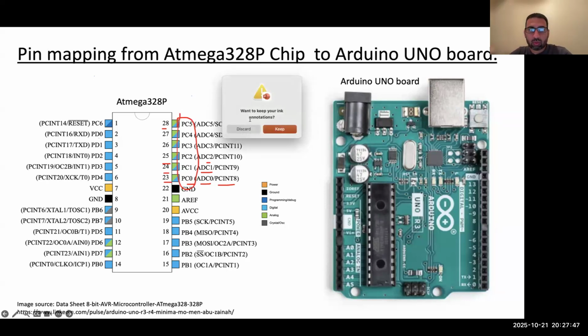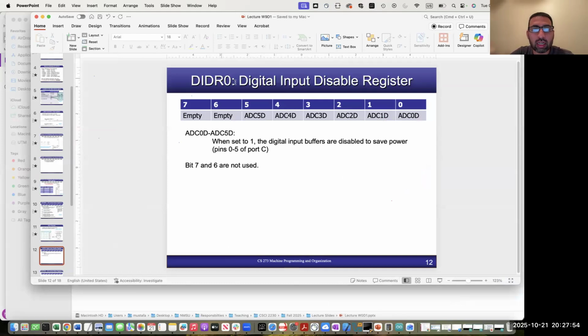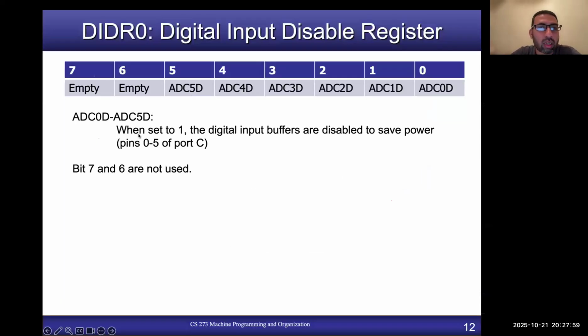In order to do that, we use this DIDR0 register, the digital input disable register. When you set a value of 1 at a bit, the digital input buffer is disabled to save power. For example, for port C, in the variant which we are using, we have only 6 input channels from 0 to 5.